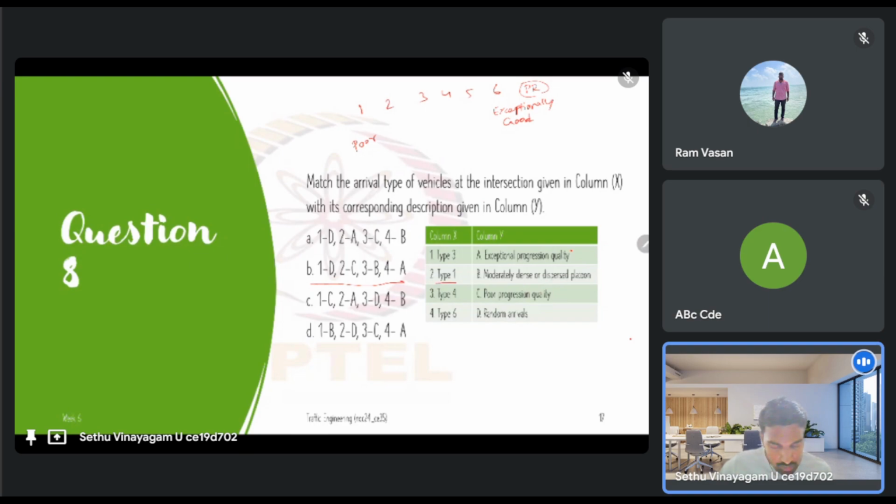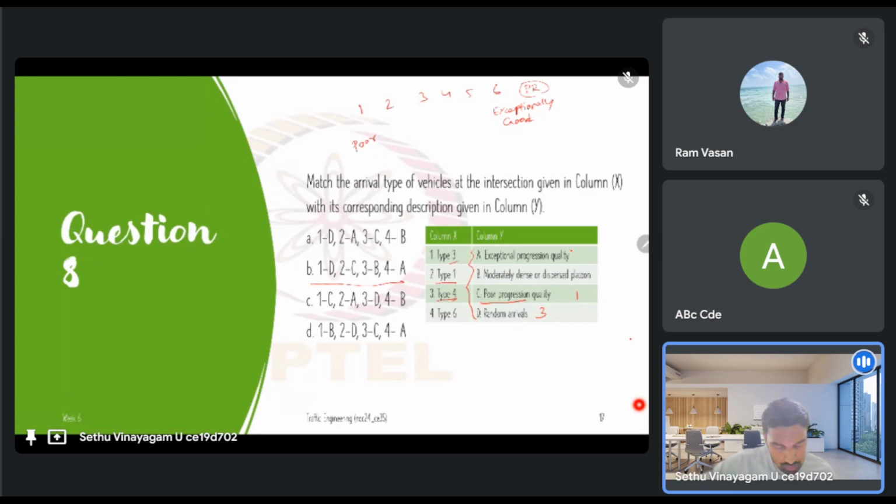Type 1, among the different progression qualities, C is the poorest of them all, which is poor progression quality, which means this must be type 1. The next best one should go for type 3, which is random arrivals.